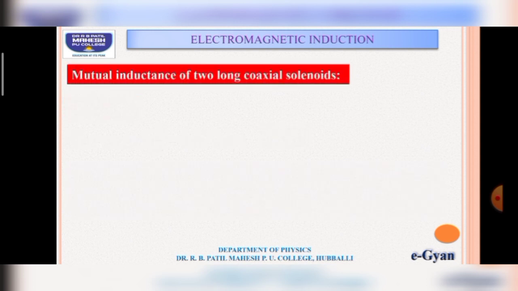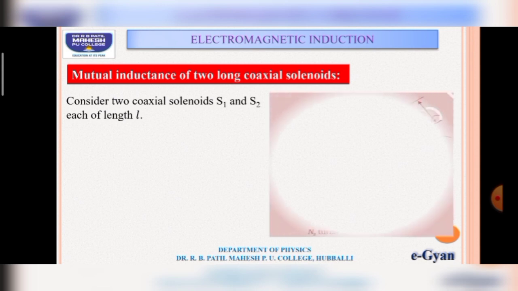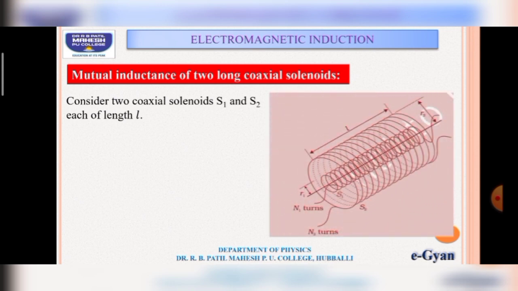Now let us discuss mutual inductance of two long coaxial solenoids. Consider two coaxial solenoids S1 and S2, each of length L. We have the arrangement of S1 and S2.